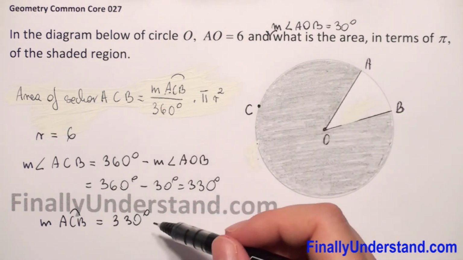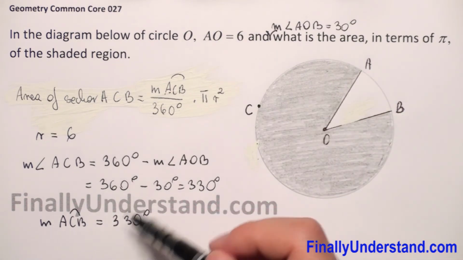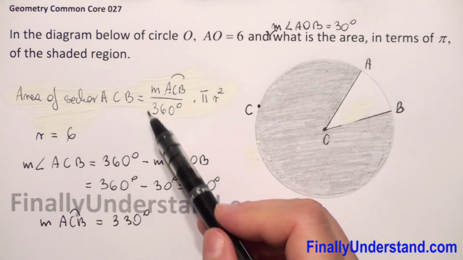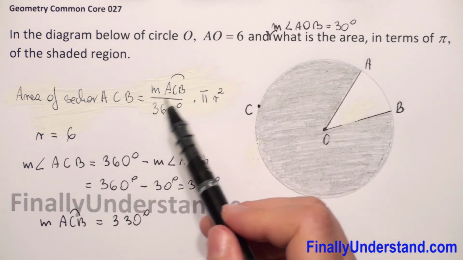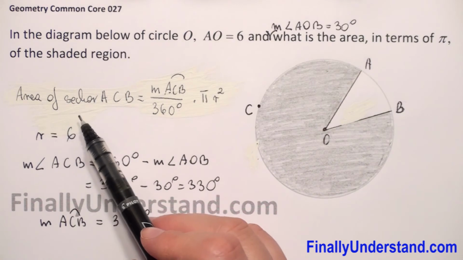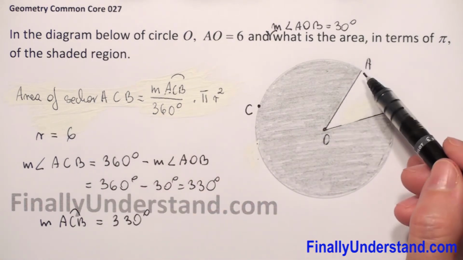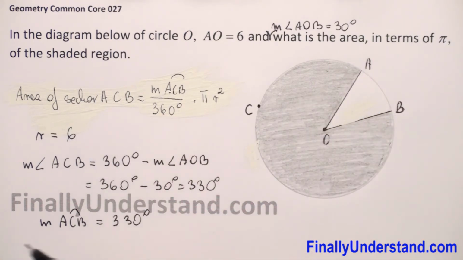When we have the measure of this arc, we can just substitute into our formula and find the area of sector ACB.